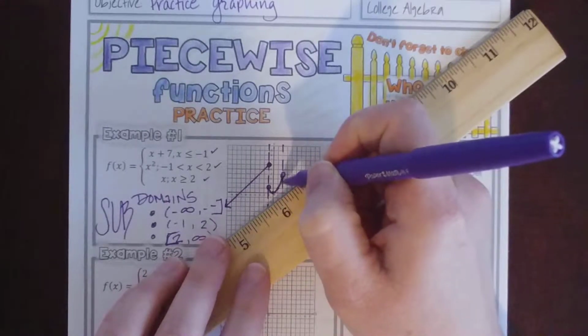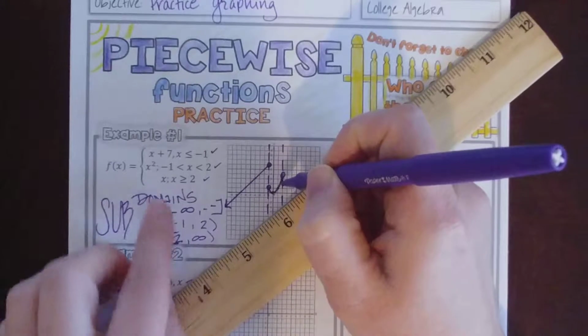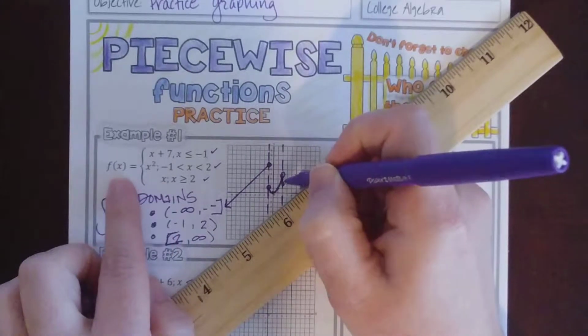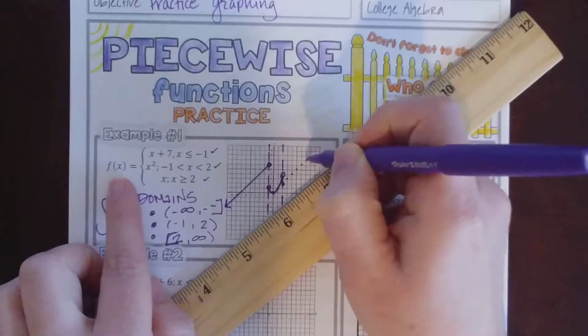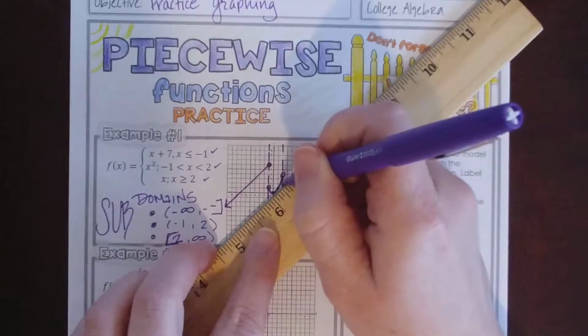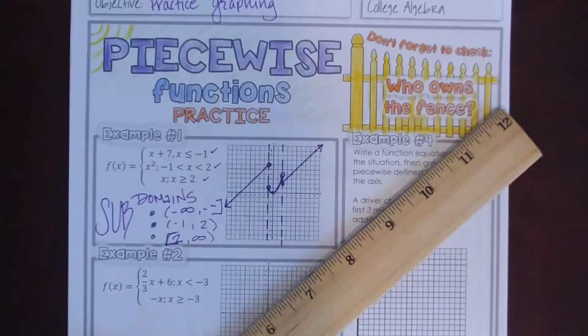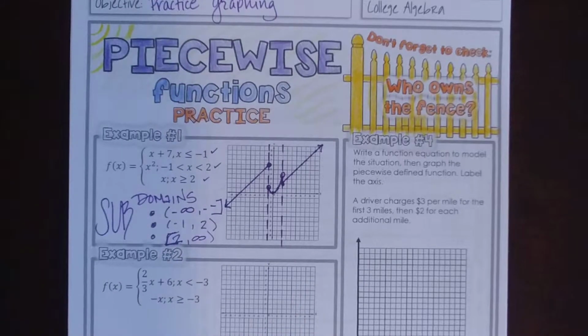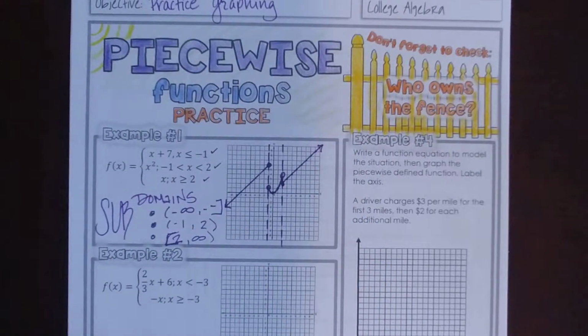So at the fence 2, okay, when x is equal to 2, f of x is equal to 2. And then I go up my slope +1 from there. So here's my line. All right. So here we have a very simple three-way piecewise function defined here.